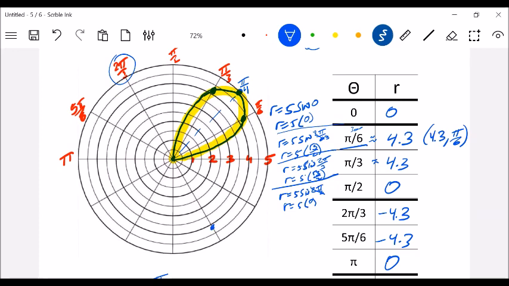At 5 pi over 6, we go the same thing, and at pi, we go 0. The in-between point, 3 pi over 4, would end up going to negative 5, so we go here. Again, you could do that one by hand.